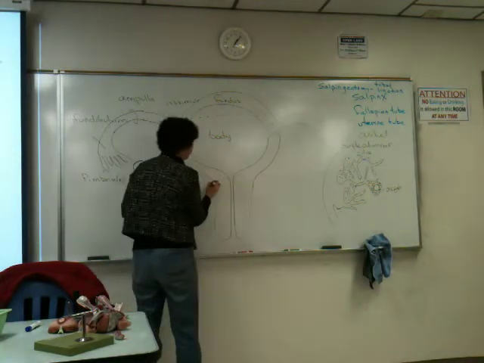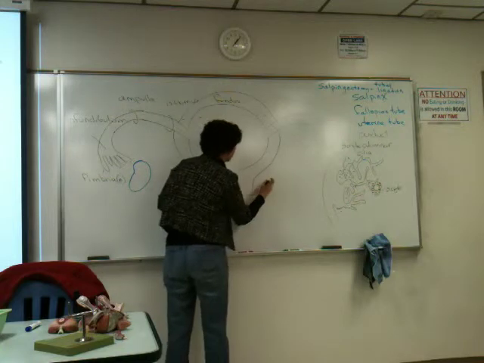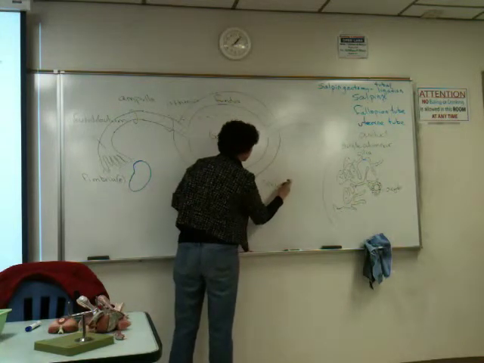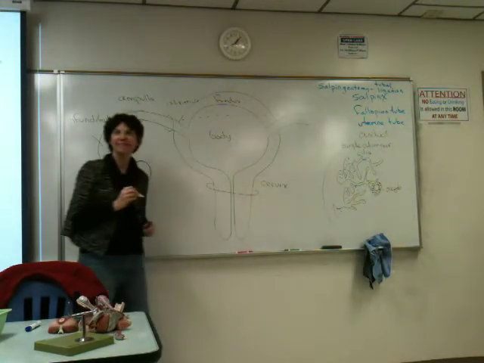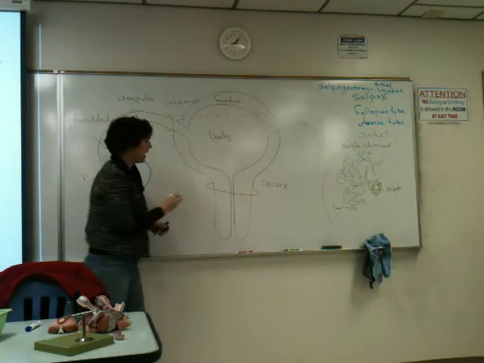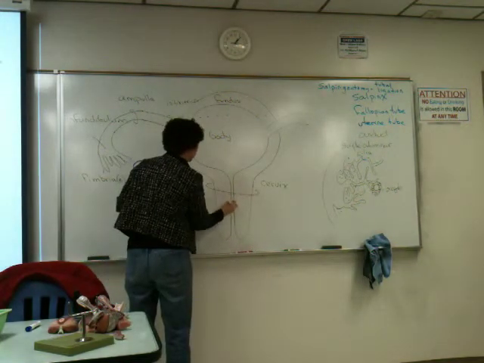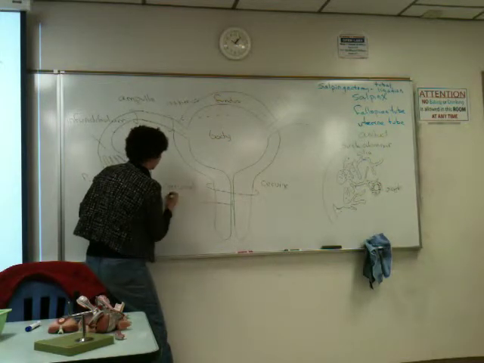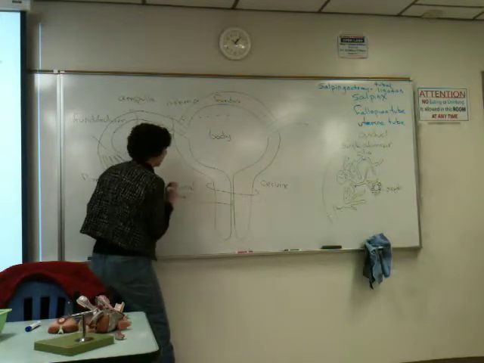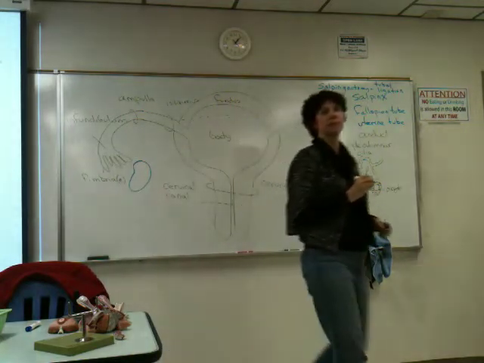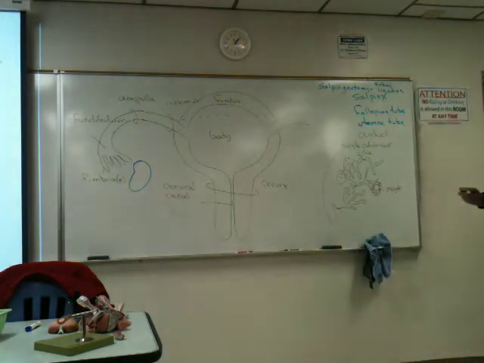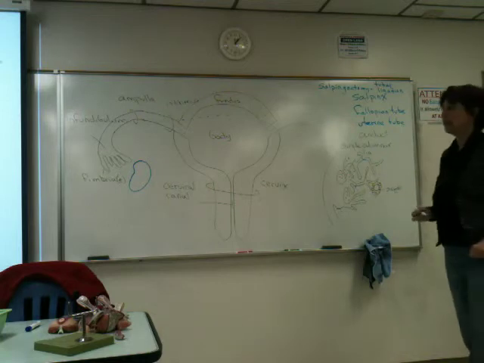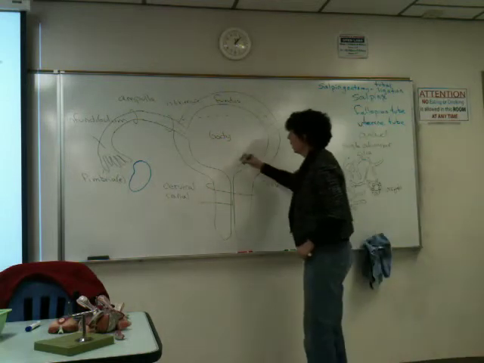And then this narrowed portion is identified as the cervix. The narrow space is the cervical canal, which is also lined by simple columnar epithelium.